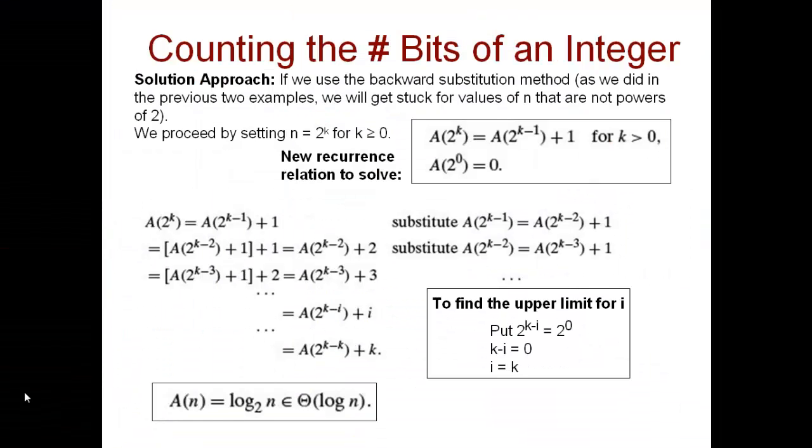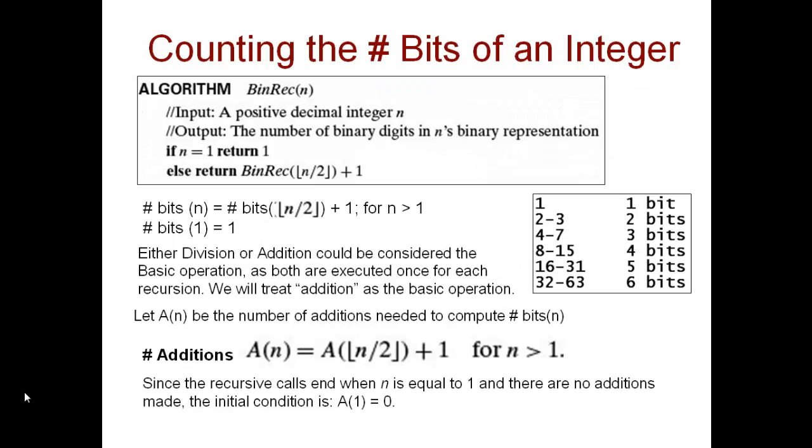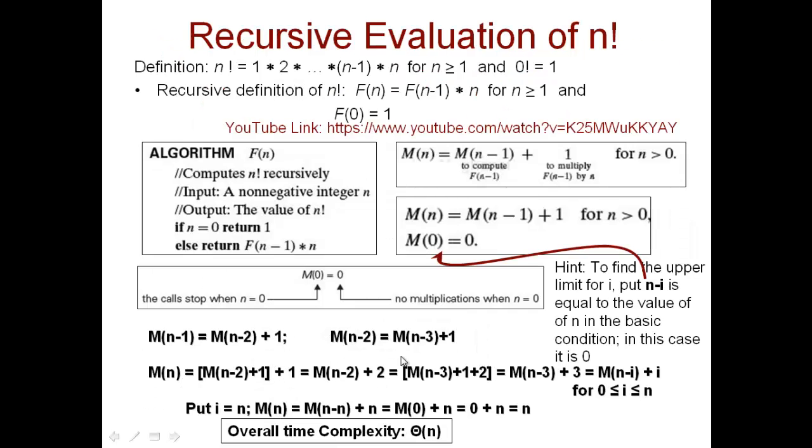So what we need to look at now is how to solve this recurrence relation. If you notice, the format of this recurrence relation is different from what we had for the factorial problem, where m of n is m of n minus 1 plus 1. The key thing to notice is that n in the lower order terms decreases by 1.